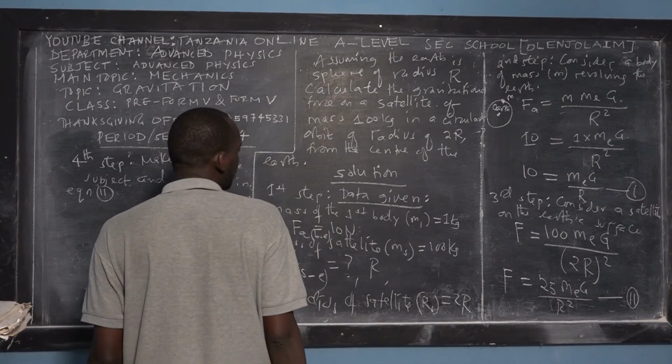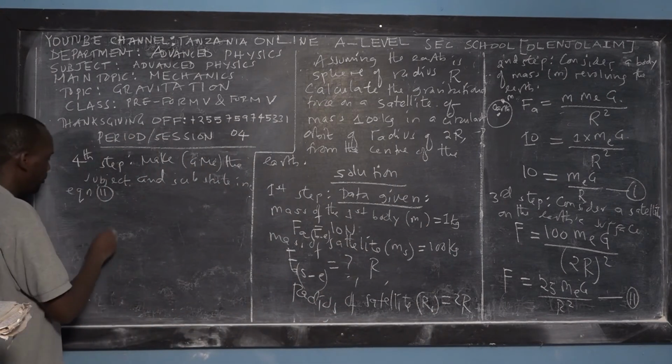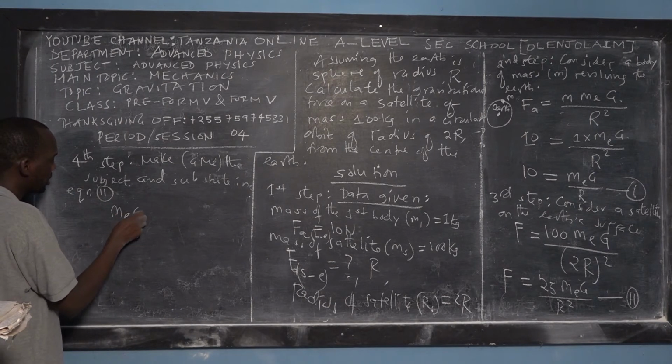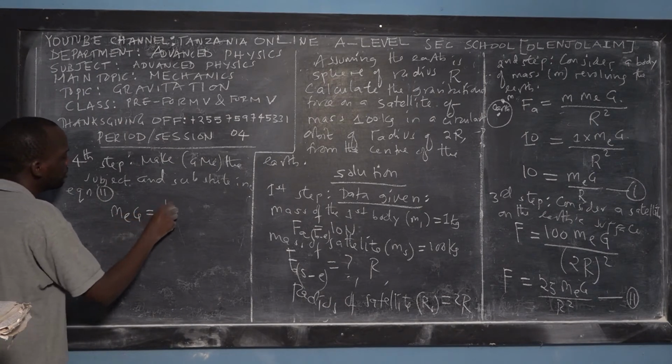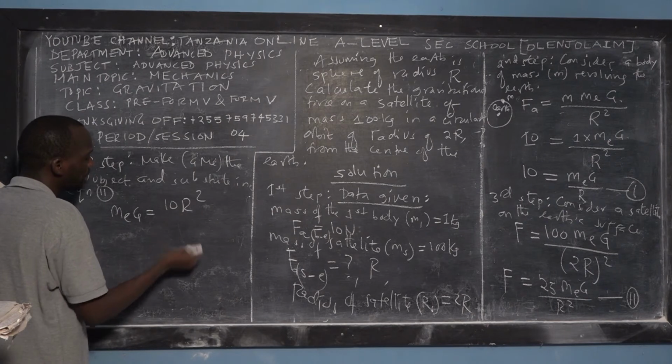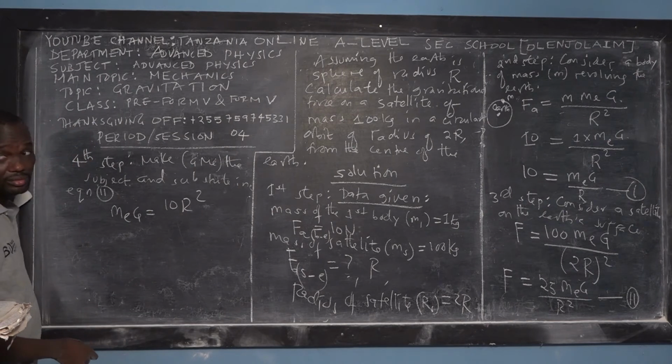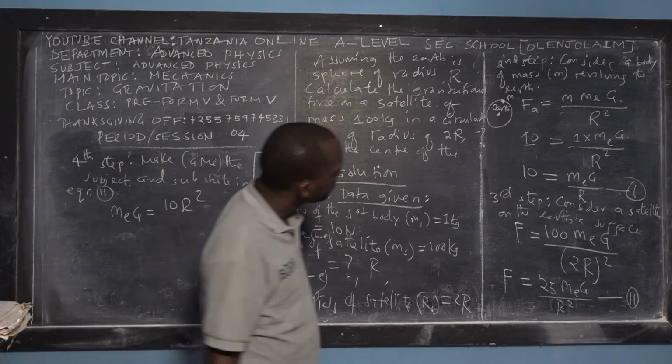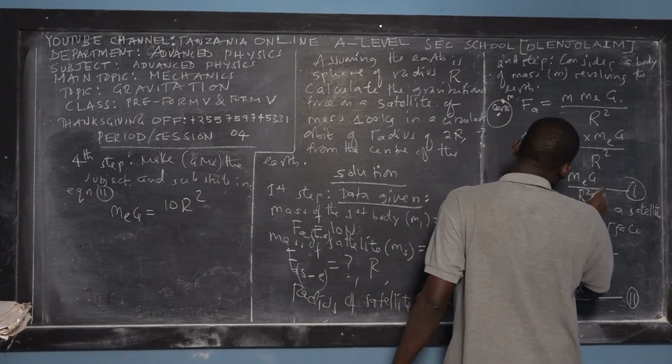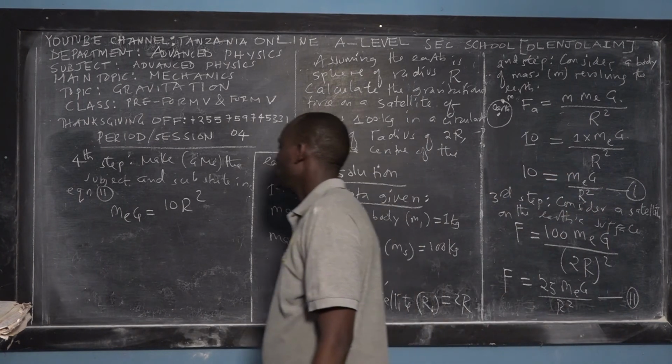So if you make it the subject, you'll find that the mass of the S, gravitational constant, is equal to 10 radius of the S square. This is radius square, excuse me, correct it.